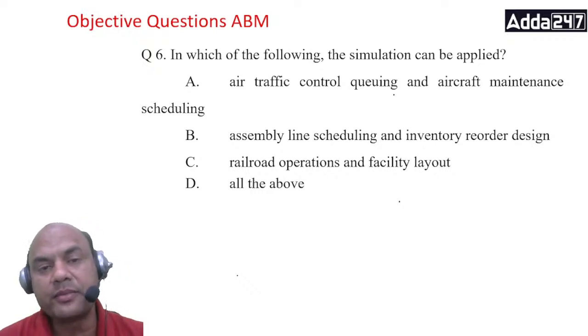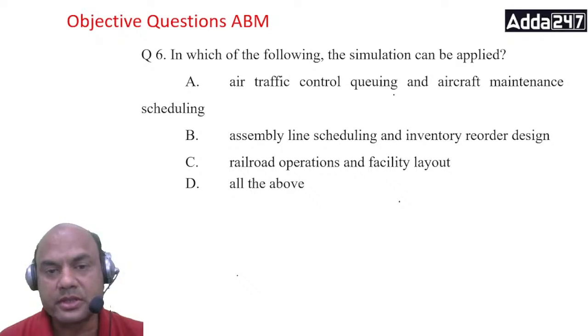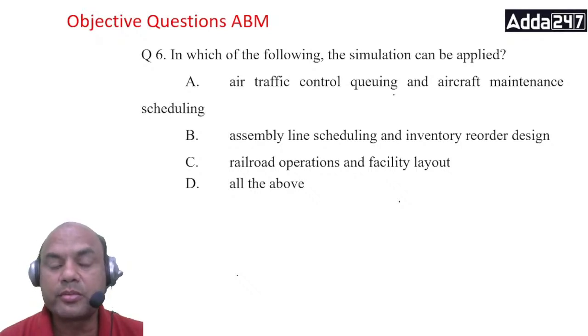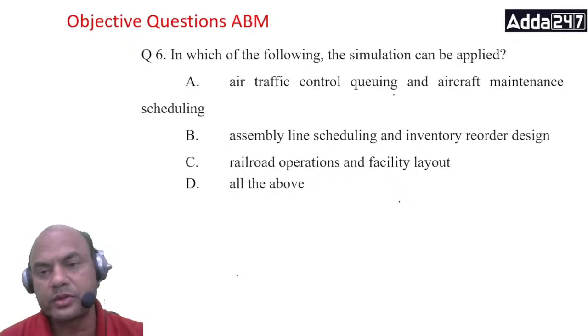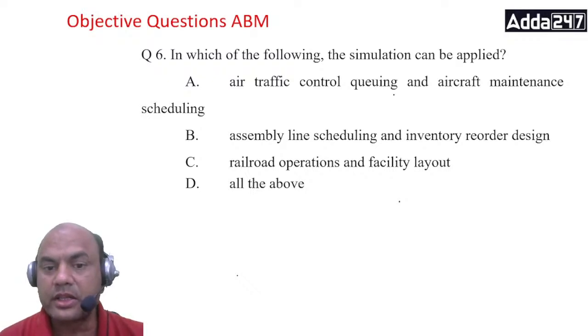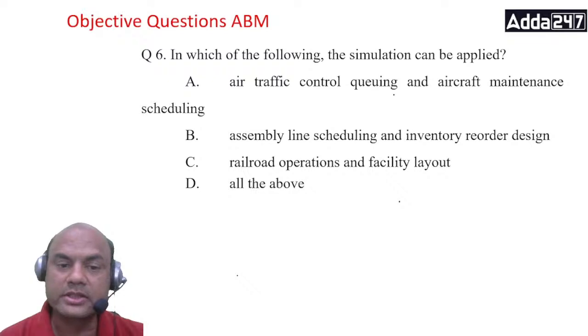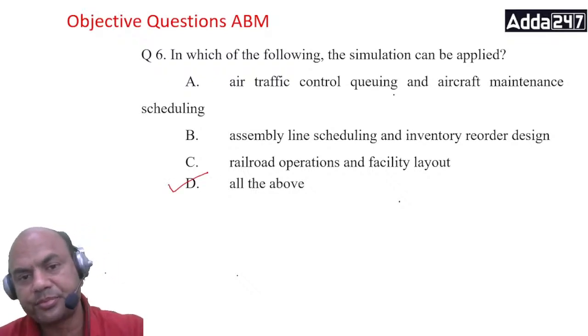Simulation was basically mimicking the actual life situation in the form of a prototype. So where can you use this? You can use it in all of these: air traffic control, assembly line scheduling, railroad operations. So the answer is D, all of the above, right?